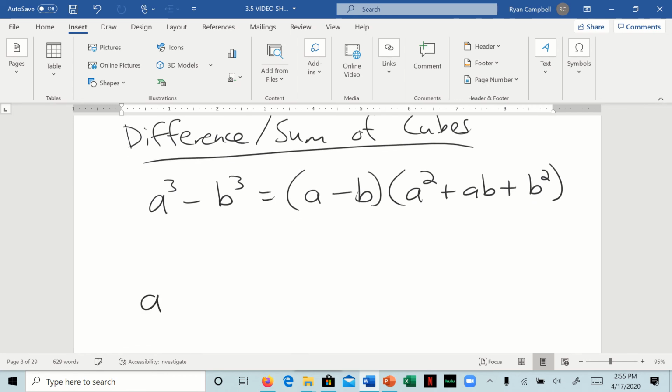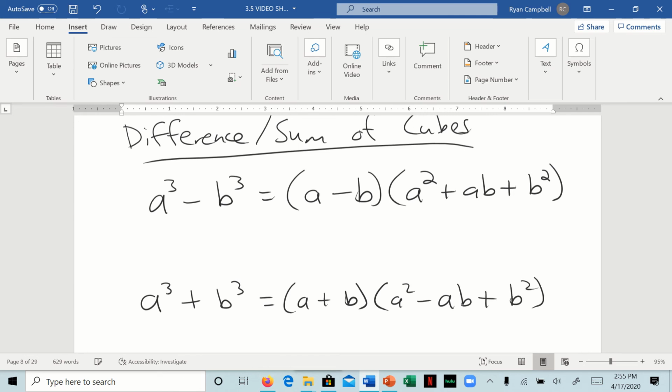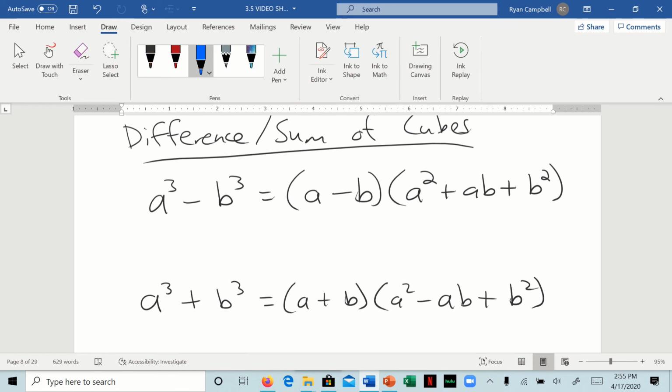If you have a cubed plus b cubed, excuse me, that's going to be a plus b times a squared minus ab plus b squared. So one easy way to remember this, because if you notice, all of the letters are the exact same, right? No matter if it's adding or subtracting here, it's always a, b, a squared, ab, b squared.